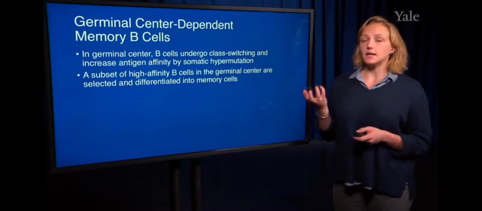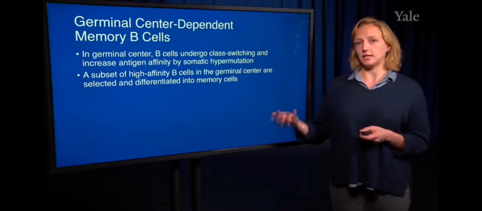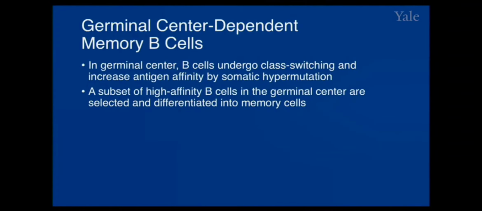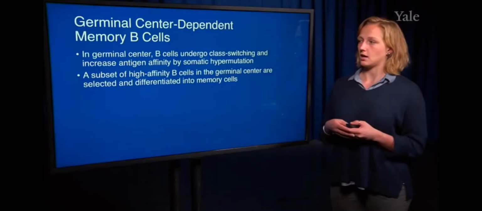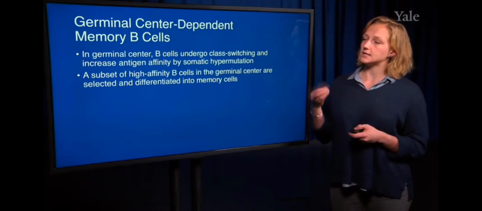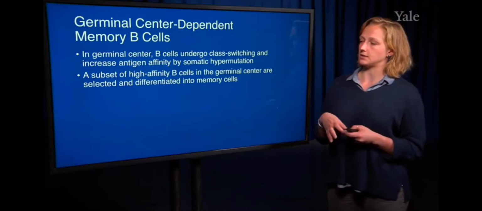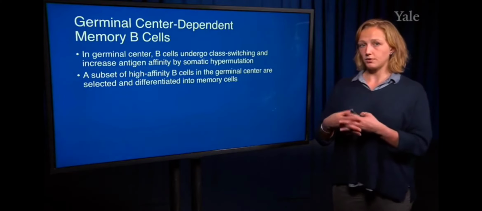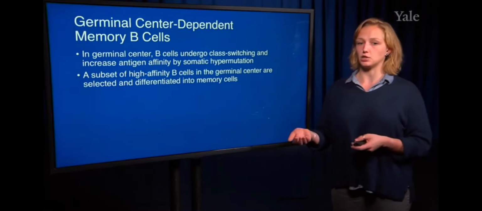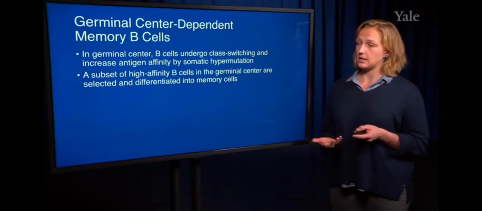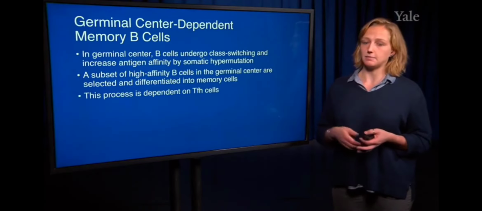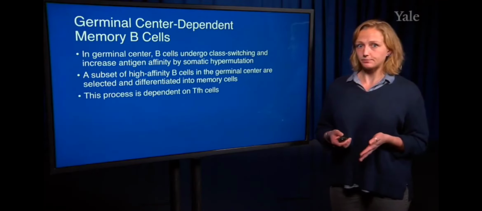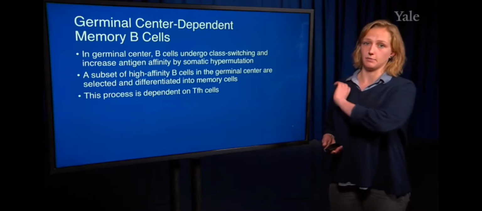Now, a subset of these very high affinity B cells, so B cells that have undergone somatic hypermutation such that their B cell receptor or immunoglobulin has a high affinity for their antigen specificity, a subset of these high-affinity B cells within the germinal center will then be selected, and these will differentiate into memory cells. And this process is highly dependent on TFH cells. So this is one class of memory B cells.